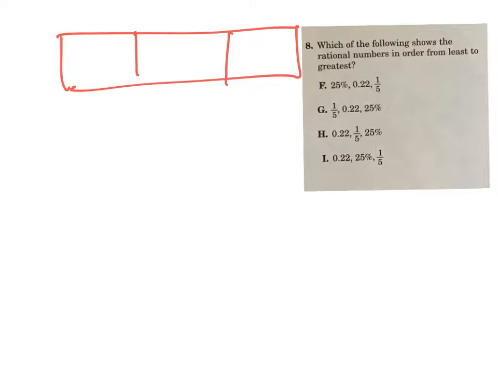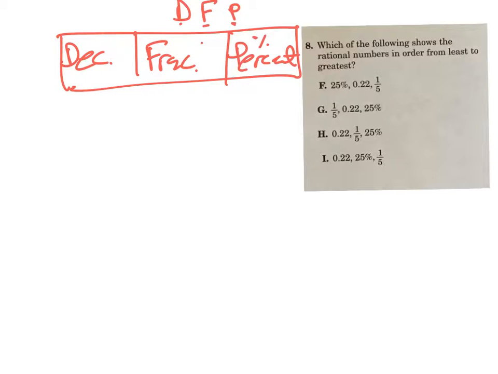Decimal, so I have a D, an F for fraction, and a P for percent. Now D comes first, so this must be my decimal. And fraction is next in the alphabet, so that's fraction. And then the P is the one farthest, percent. Okay, so we got a fraction here in the middle, percent on that side, and decimal here.